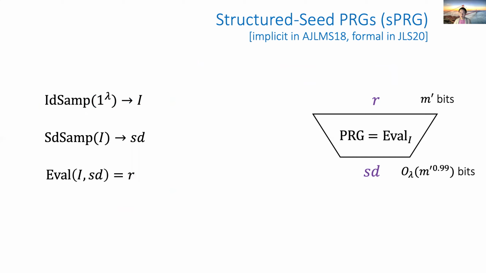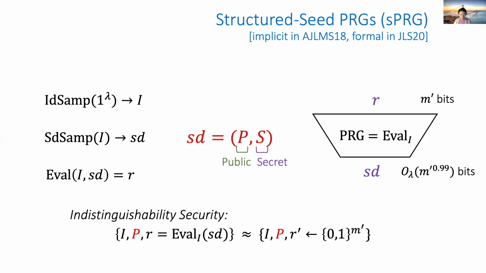And this is what we formalize as structured seed PRGs, which are everything the same as a normal PRG, except that now the seed is divided into 2 parts, a public and a secret part. The indistinguishability security now requires that even when the public part of the seed is revealed, the PRG output remains pseudo-random.